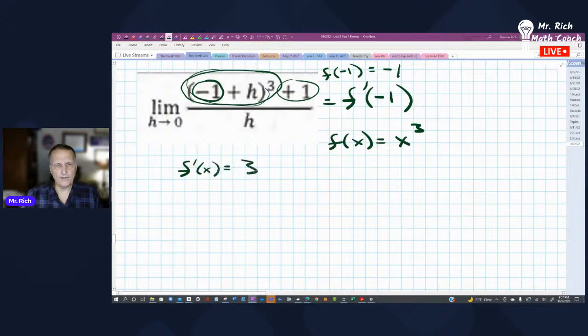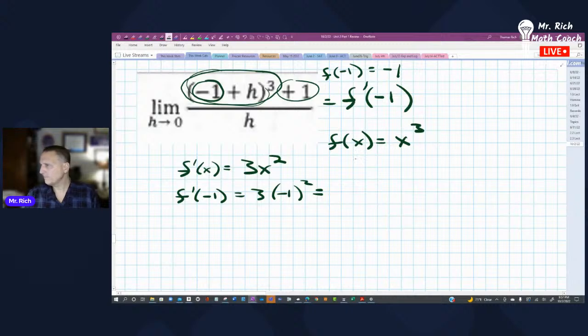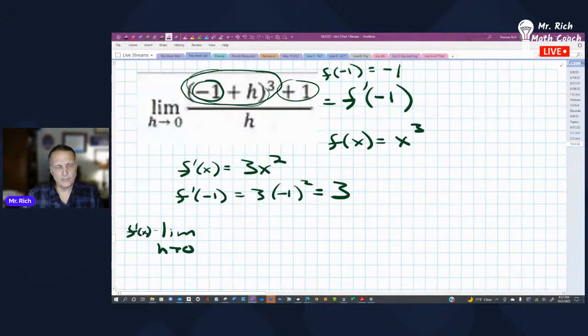F prime of x is 3x squared, and then let's evaluate that at -1, which would be 3 times -1 squared, or an answer of 3, like that. Okay, now before we leave this, I want to put this back up, right? That f prime of x is the limit as h goes to 0 of f of x plus h minus f of x all over h.